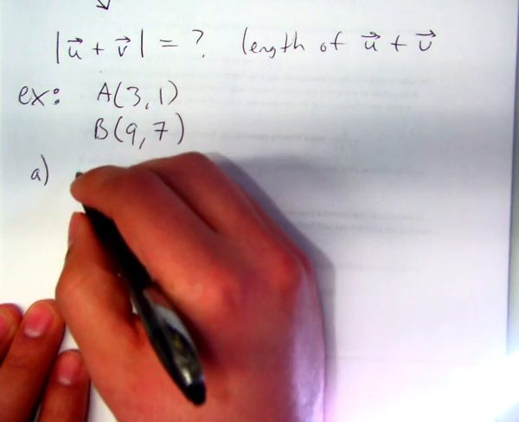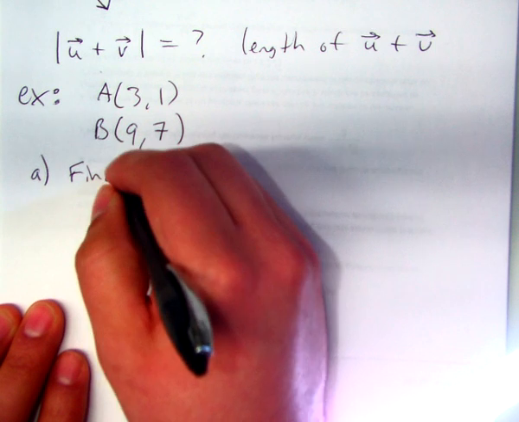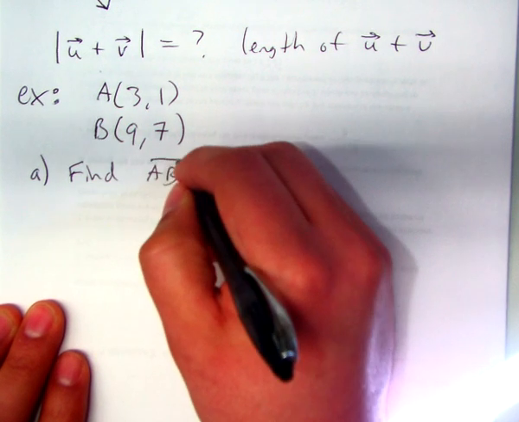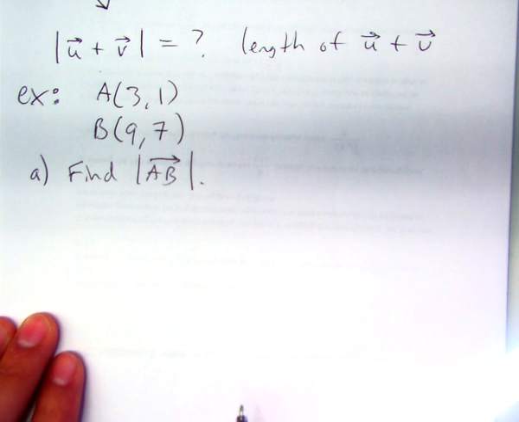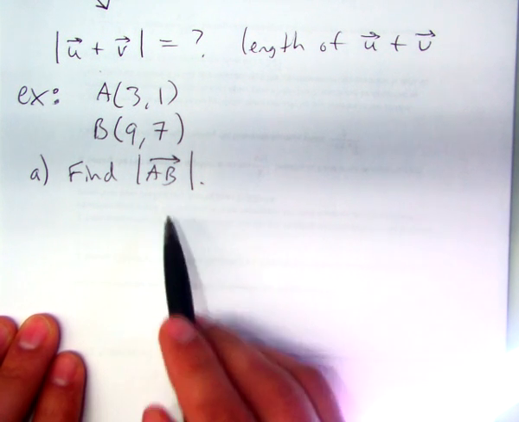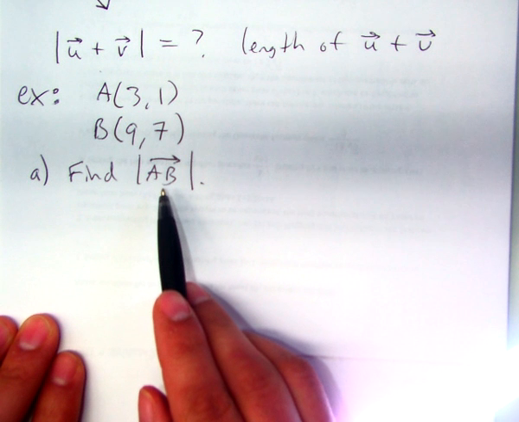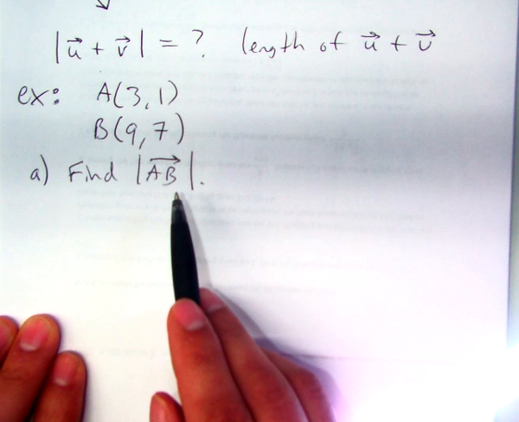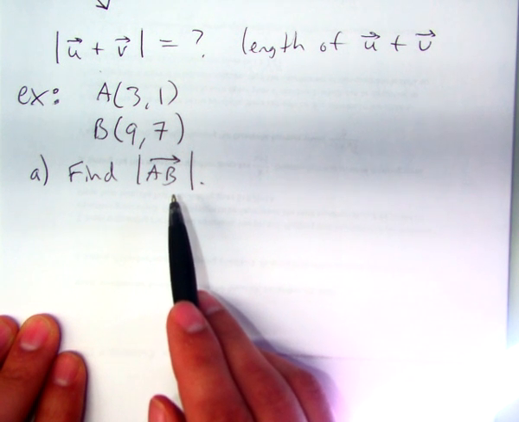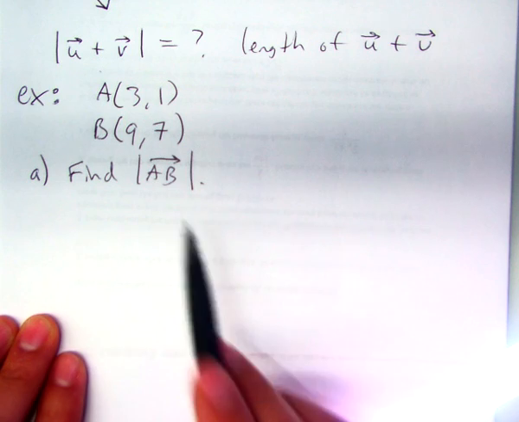Let's say you want to find this. Okay. First, what does this notation mean? What are we looking for? The length of the vector from A to B. Okay? We'll draw a picture first, and maybe you'll see that you don't even need it once you get used to this.